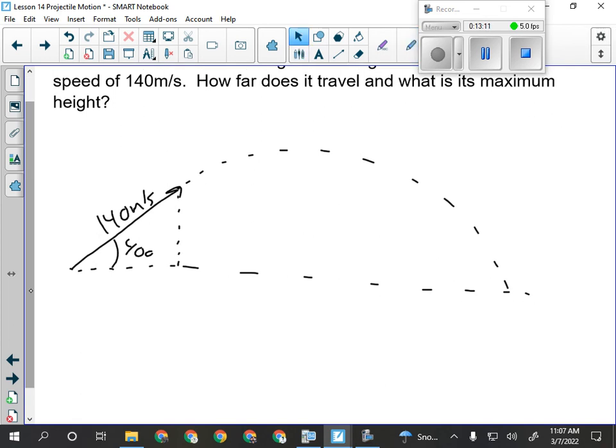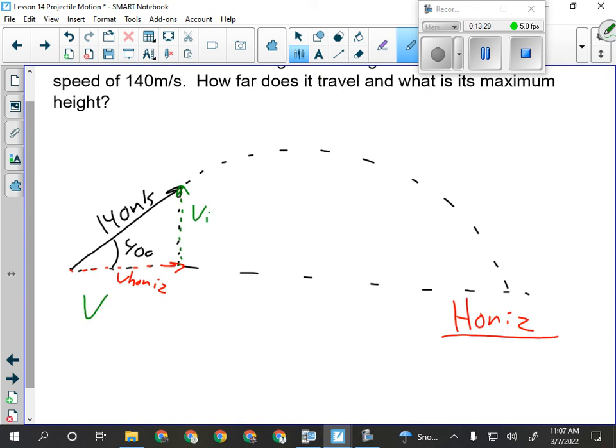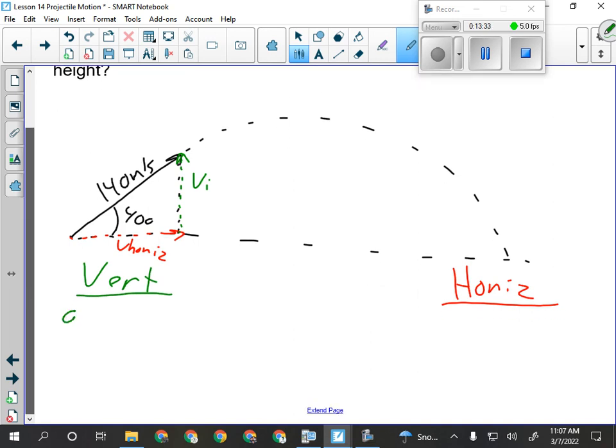So what we have to remember, once again, is that this side here, the horizontal component, will be our horizontal velocity. And this side here will be our initial vertical velocity. Right? So when you're filling stuff in here, obviously our acceleration is negative 9.81 meters per second squared. Okay, and the rest of it we have to calculate.